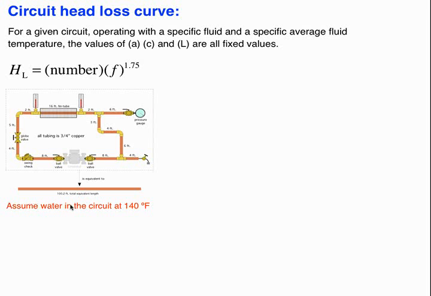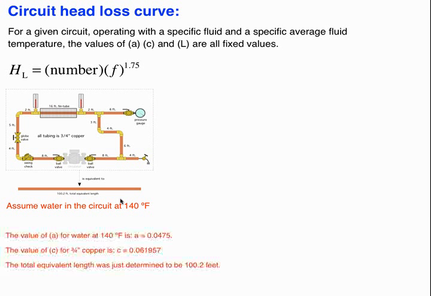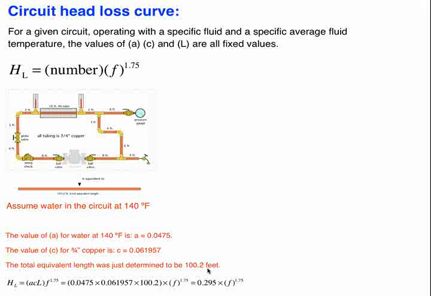So let's assume we have water in this circuit at 140 degrees. All right, we've looked up these values. So for 140-degree water from that previous graph, the A value was 0.0475. The C value for 3/4 inch copper from the table was this number, and we just finished calculating total equivalent length, 100.2 feet.